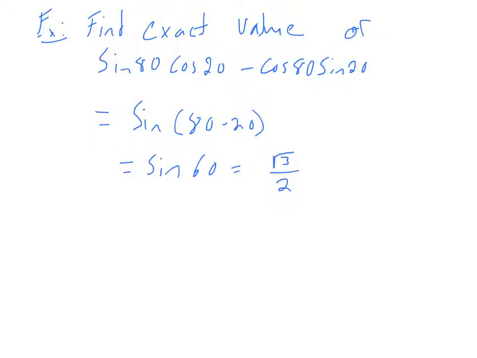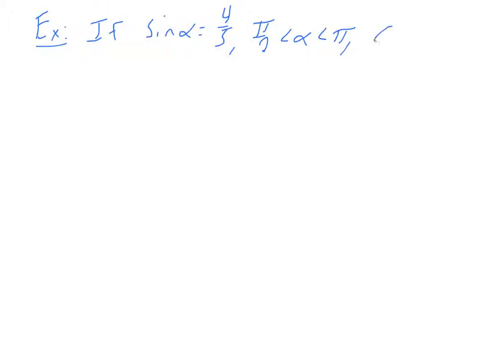All right, so let's look at one that's going to involve the unit circle. Let's say sine alpha is equal to 4/5, and alpha is somewhere between pi over 2 and pi, and sine beta is equal to negative 2 square root of 5 over 5, and beta is somewhere between pi and 3 pi over 2.